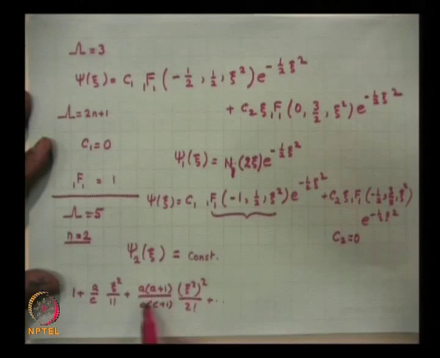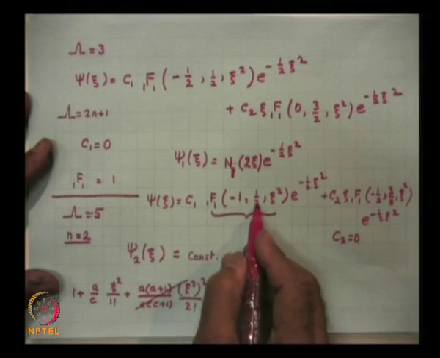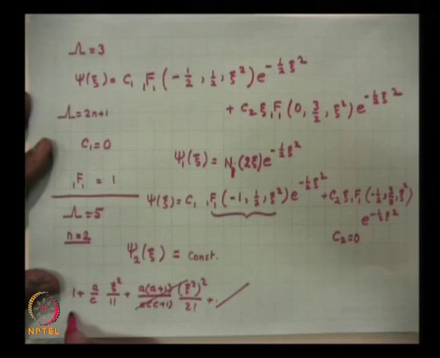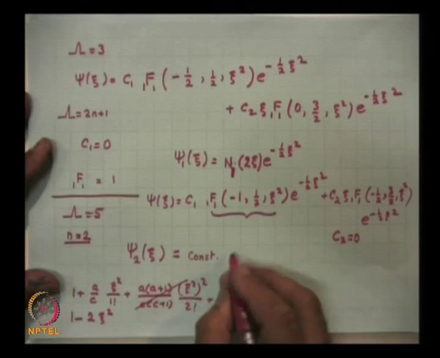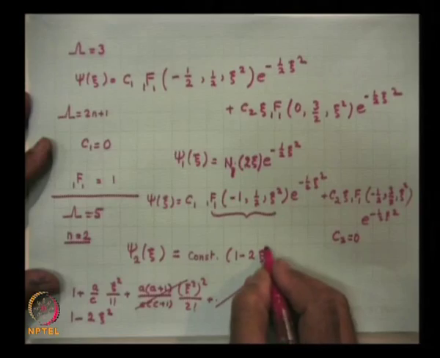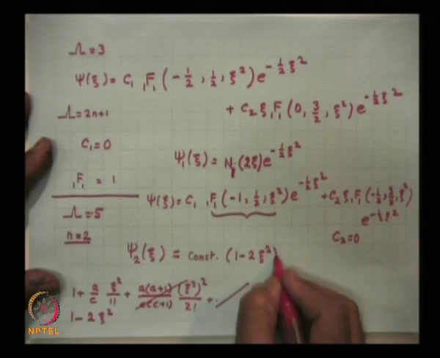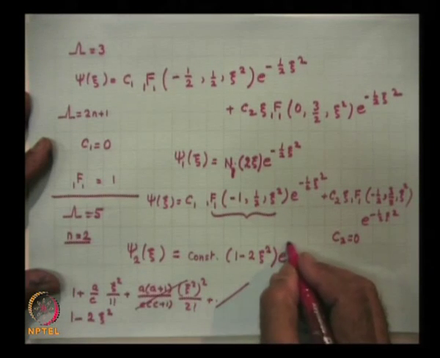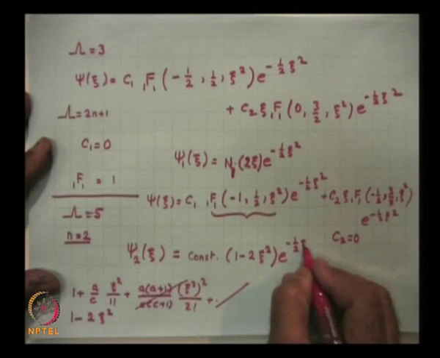But a is 1. So, this term and the remaining terms all vanish. A is 1 and c is half. So, this becomes 1 minus 2 xi square, e to the power of minus half xi square.